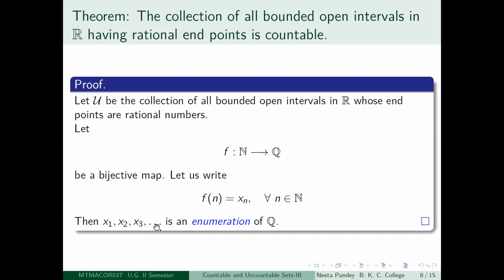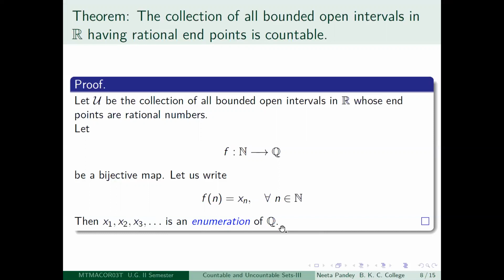What you are doing is choosing a listing of the set of rational numbers. That is called enumeration. x1 will mean the first rational number; that first doesn't relate to the order relation at all. x2 will be just the image of 2, so this is the second rational number, x3 is the third rational number, and so on. So this gives you an enumeration.